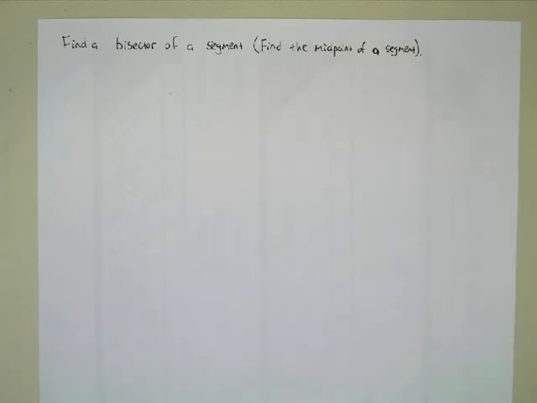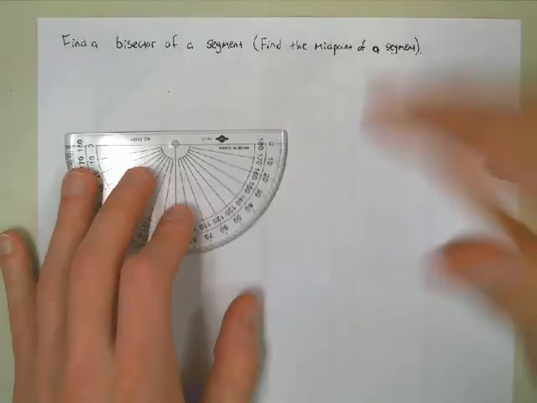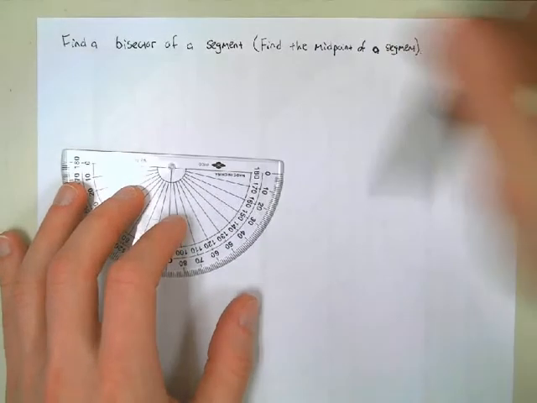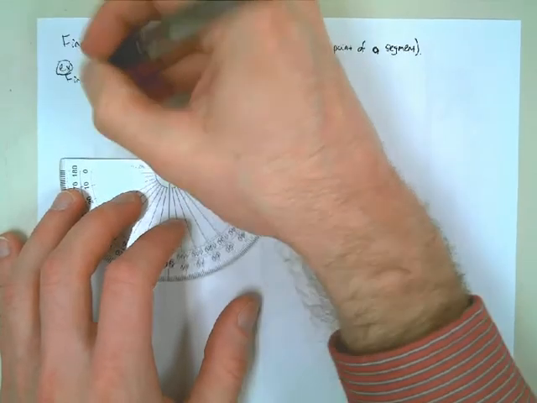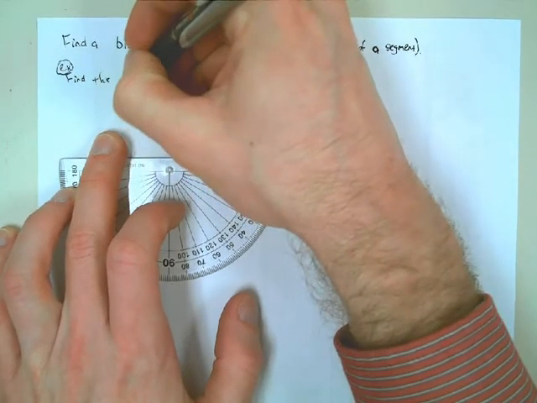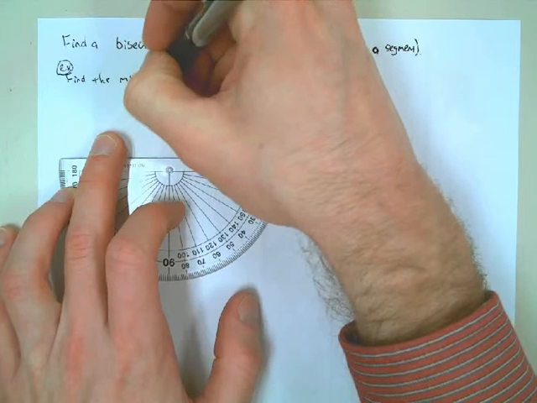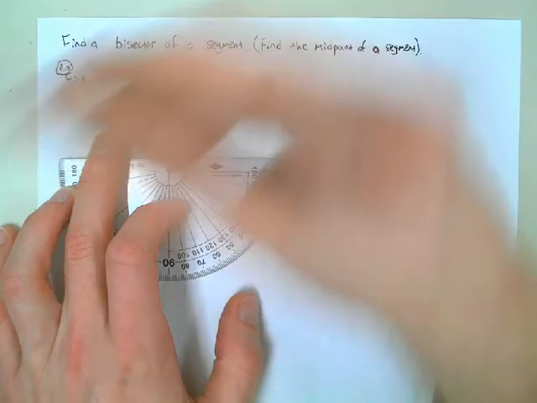So here we go. For an example, find the midpoint of segment AB. Our directions are to find the midpoint of segment AB.